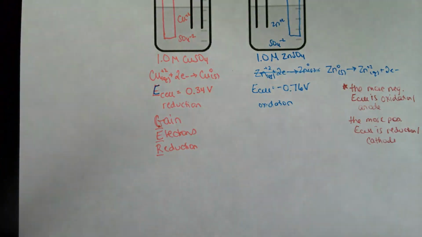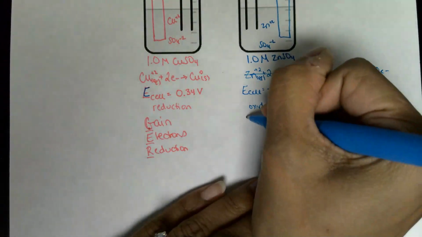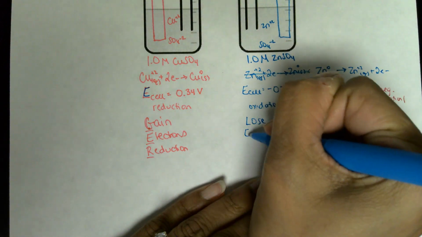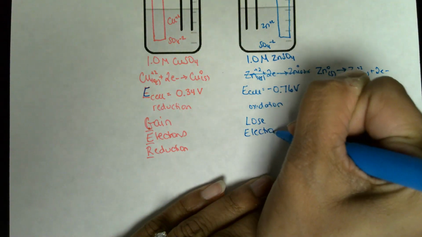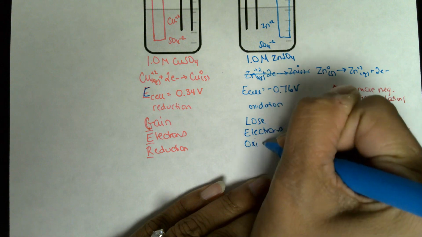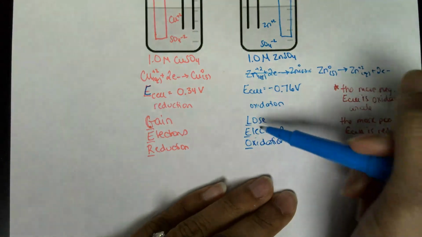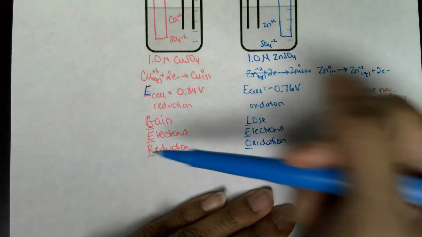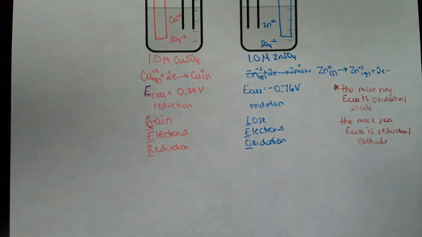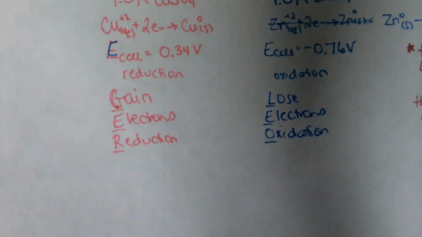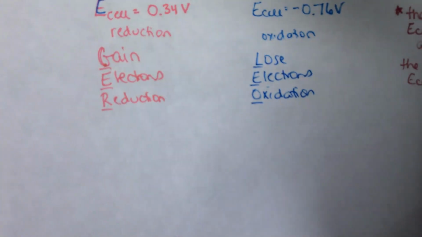And if we lose electrons, that's oxidation. So we have a cute little saying that Leo, the lion, goes GER. That helps you remember which one loses electrons versus which one gains electrons.